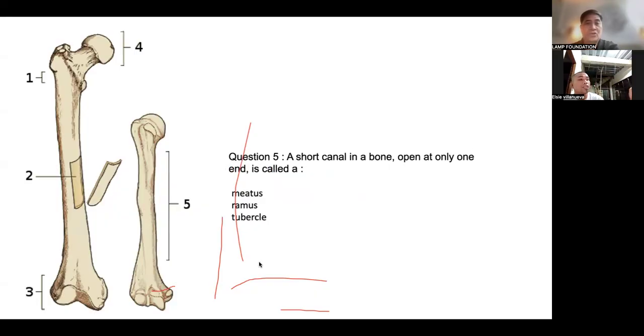Malleolus. Short canal in the bone, open at only one end. What is the answer? Meatus.